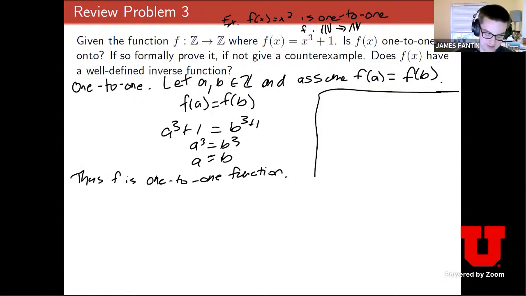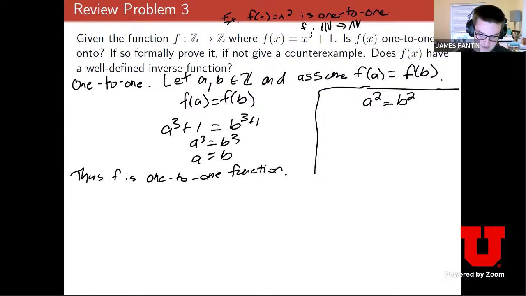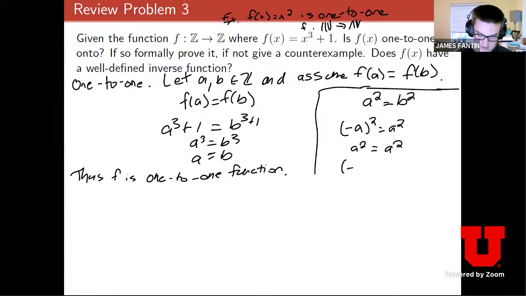In general with a quadratic, the issue is that if we had, for example, a squared equals b squared, you could have the case where negative a squared equals a squared, and negative b squared equals b squared.